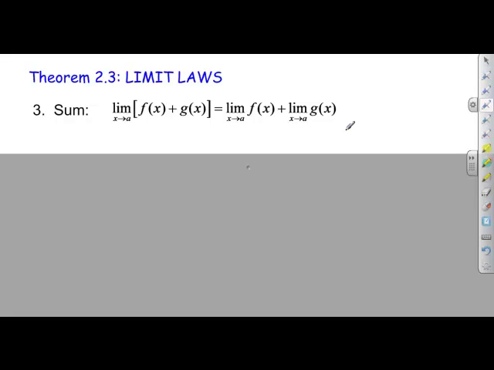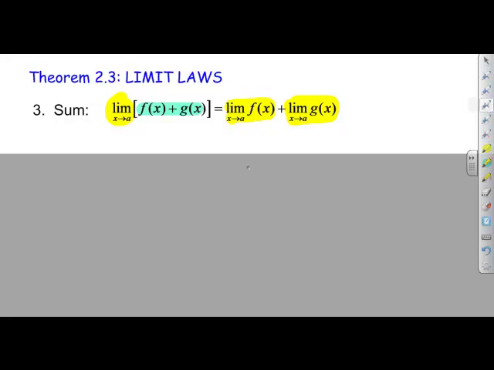The limit of a sum is the sum of the limits. So you take the limit of f of x, you take the limit of g of x, and you add those two limits together. The limit of a sum is a sum of the limits.